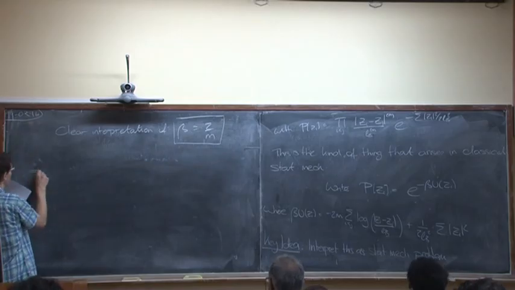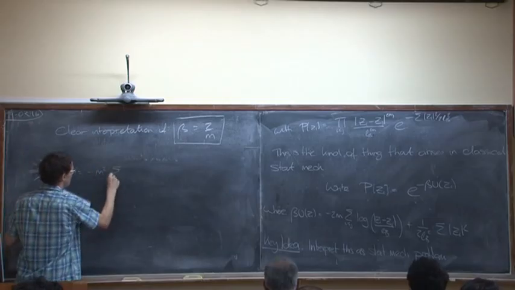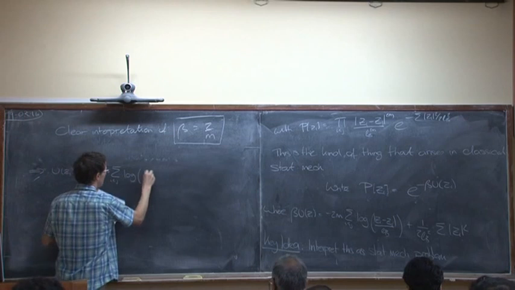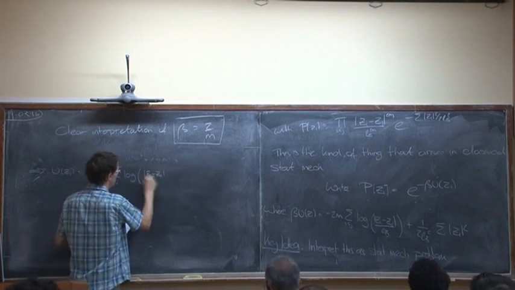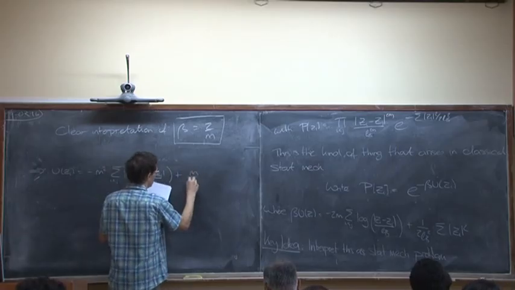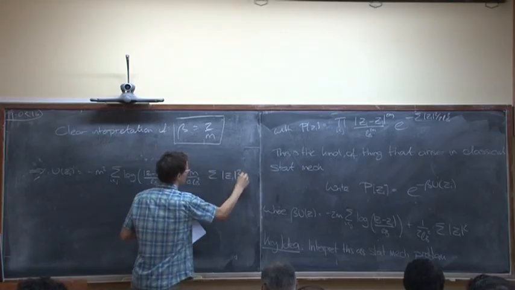Why is that? Well, if I put beta equals 2 over m, this potential is this.